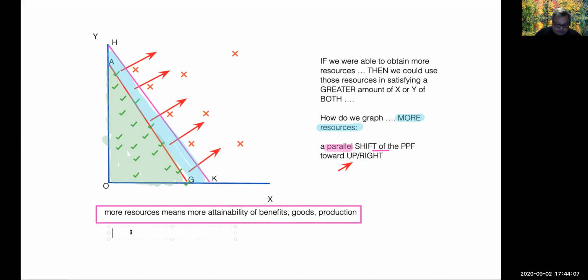So it's also important to know that there is no alteration to the opportunity costs, the terms of trade, the terms of exchange between X and Y. That's very important, that an expansion in overall resources doesn't alter the rate of what we give up for what we get.